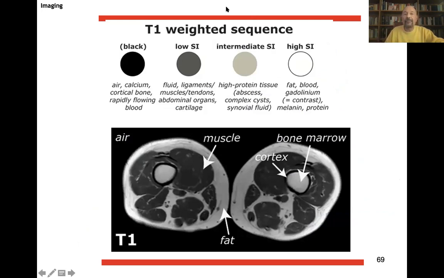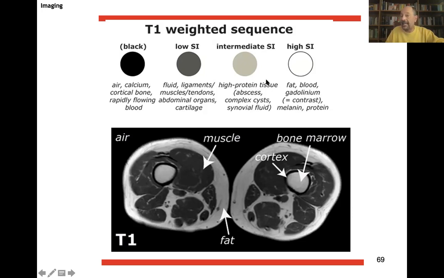You will have this kind of image when going from black for air, calcium, cortical bone, and rapidly flowing blood, and then you go down to white. White will be fat, blood, gadolinium, which is a contrast agent, melanin or protein.